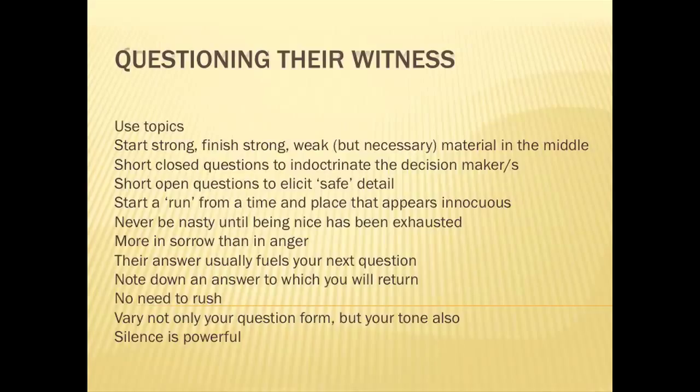Next, only a miracle will save the witness. The witness has performed so badly that they and their evidence have sunk. You can ask open questions such as why, because whether they stay silent or they answer, the effect is the same. In the minds of the decision maker, they're destroyed. And finally, you need some information.